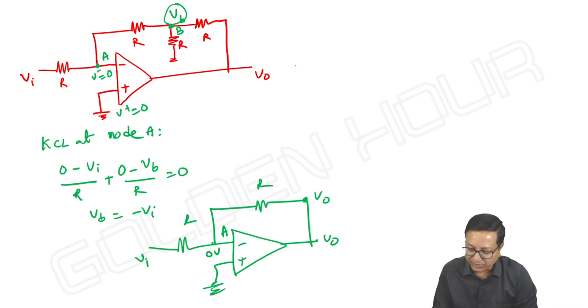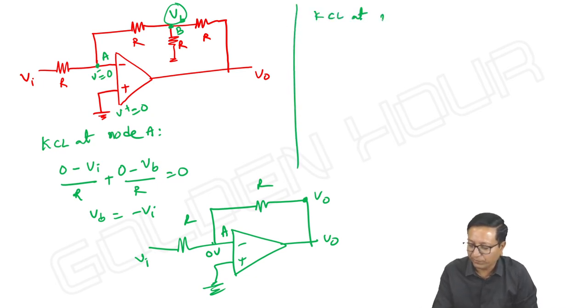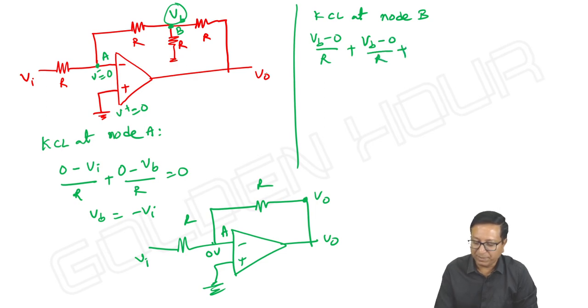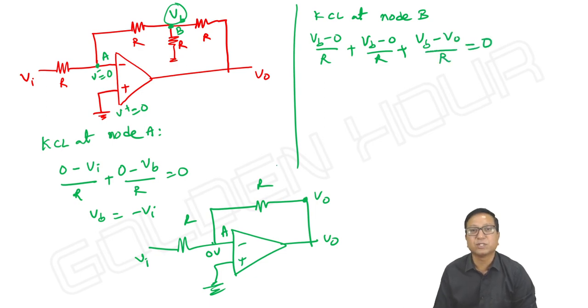Okay. Next, KCL at node B. So Vb minus 0 by R plus again Vb minus 0 by R plus Vb minus V output by R is equal to 0.